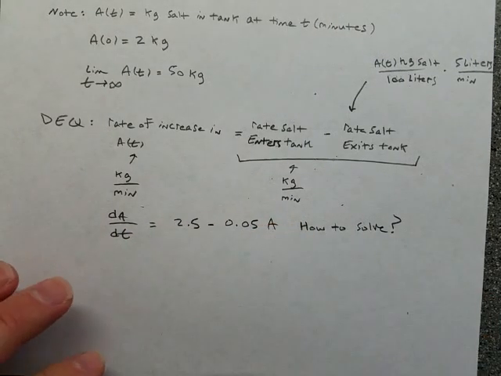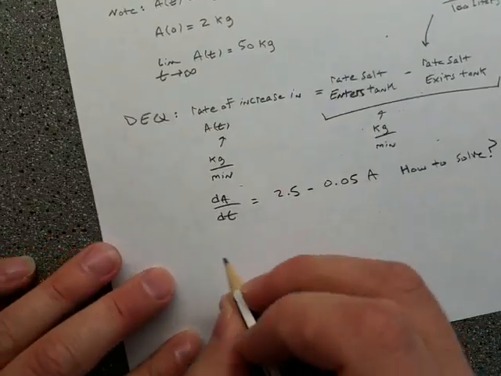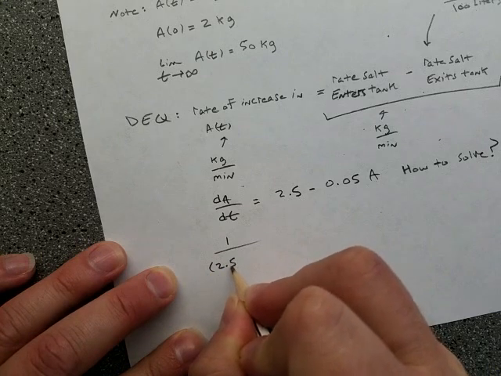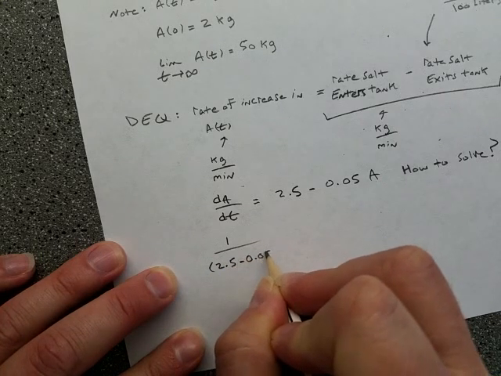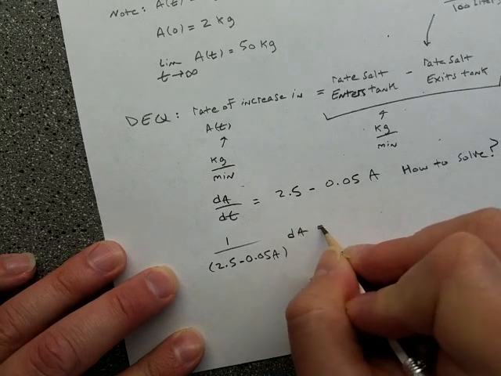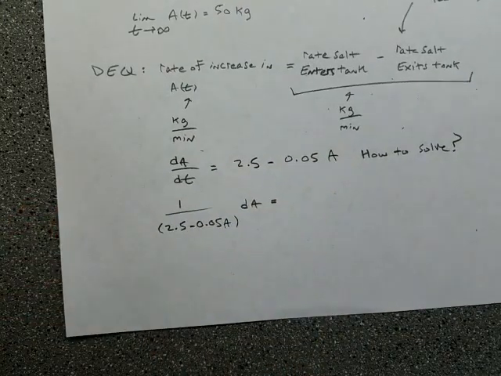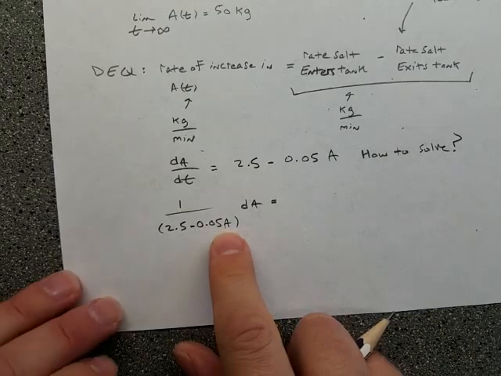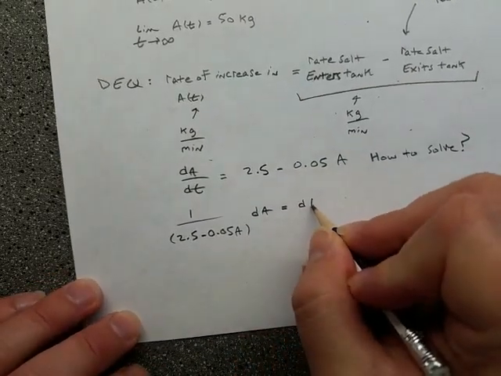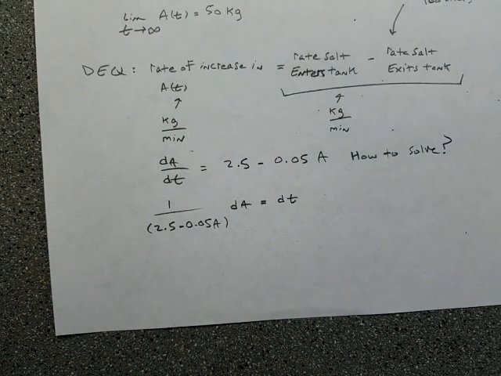And we've learned elsewhere how to solve those. Separating the variables, I'm going to get this. By mere separation, the dependent variable A on the left, and then over here, I guess I would get 1 times dt. So that's separation. All right, that's what we get.